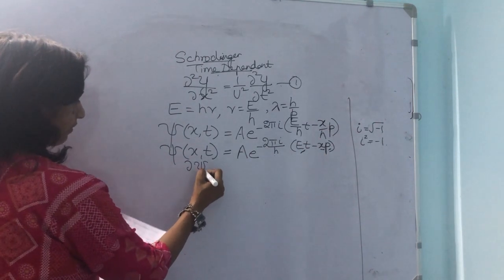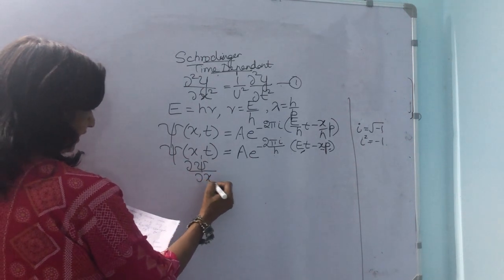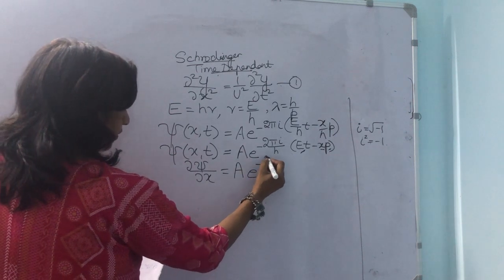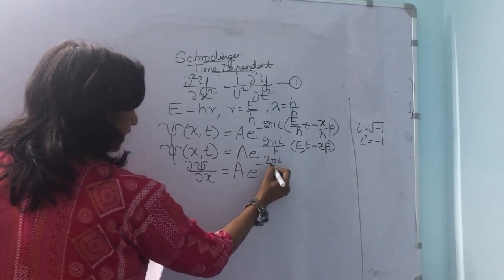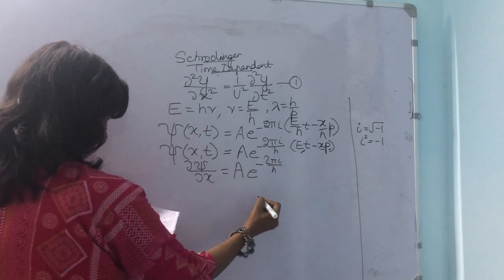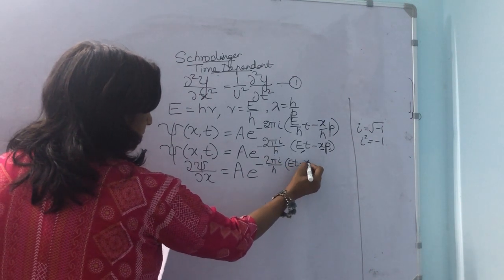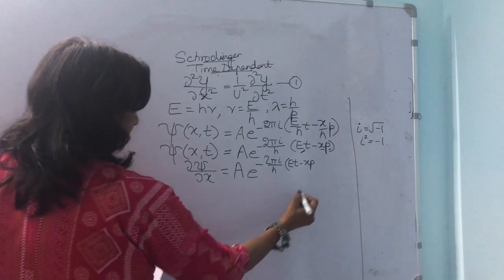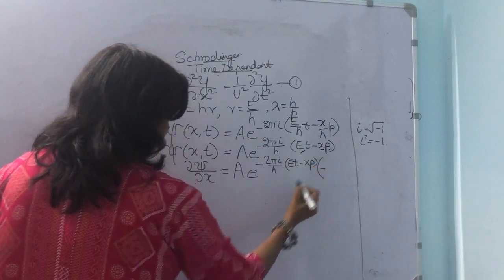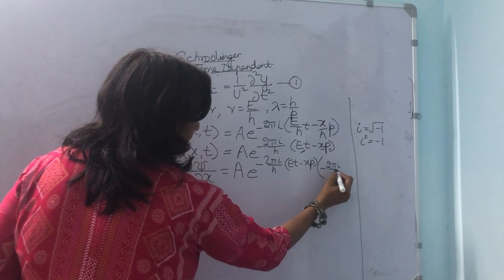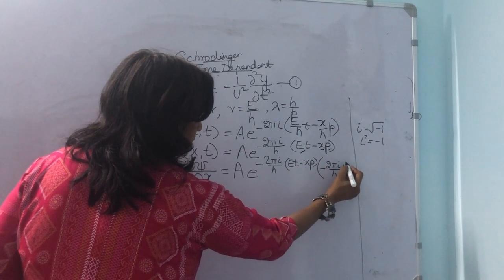Differentiating, del phi by del x is equal to a e to the power of minus 2 pi i upon h into Et minus xp into minus 2 pi i upon h into p.